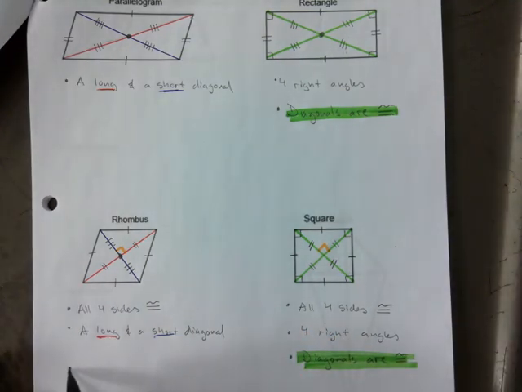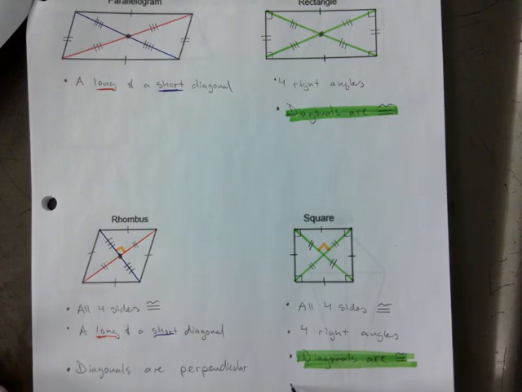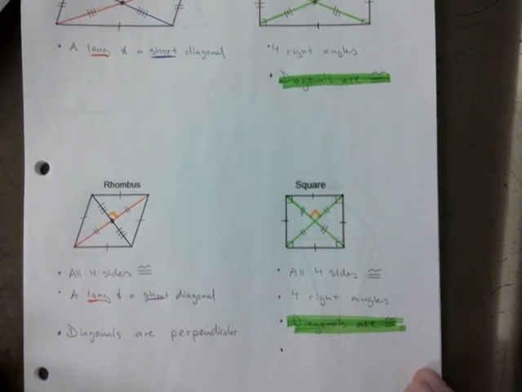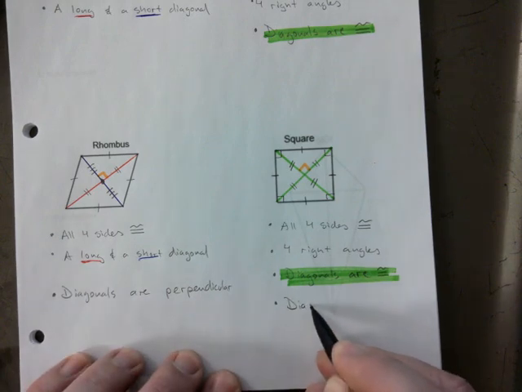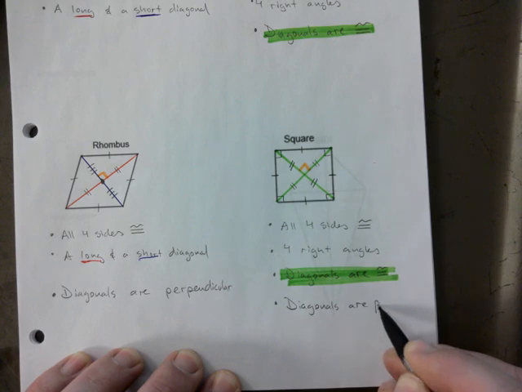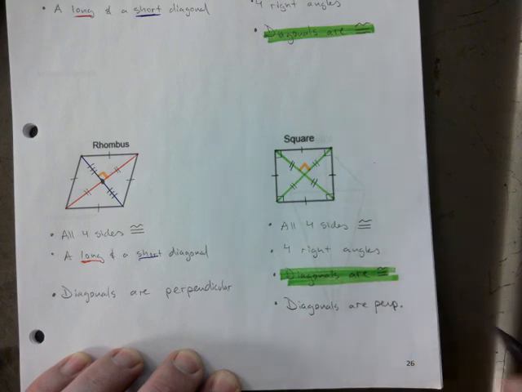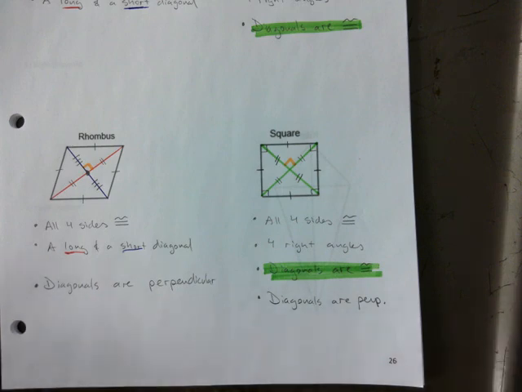Okay? So diagonals are perpendicular. I'm going to write that down for the other one as well. So I'm going to, sorry, there. Diagonals are perpendicular. I'm not going to write out the whole thing again for the square. But diagonals are perpendicular.